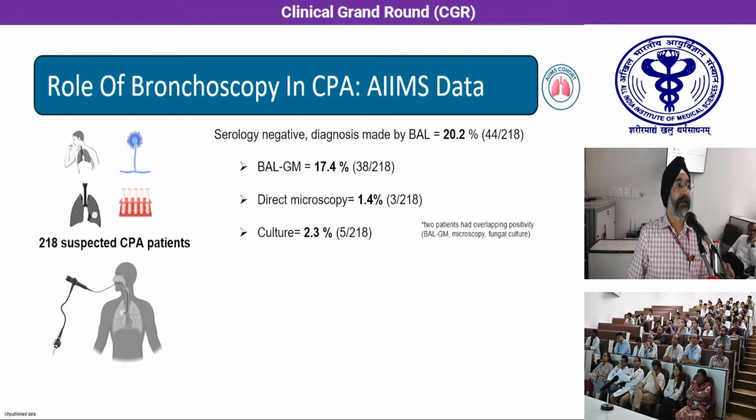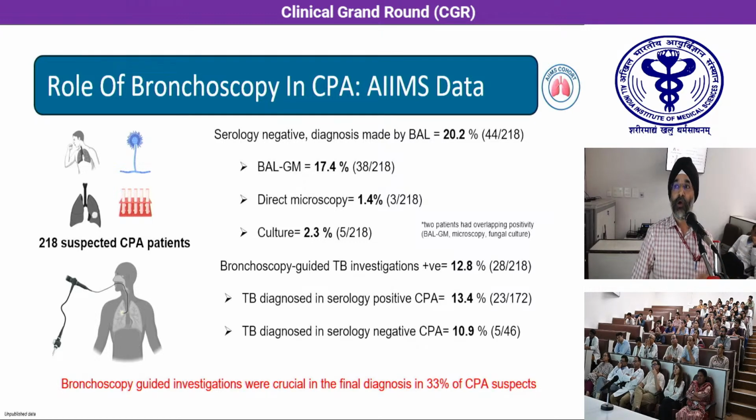This is our data, where in almost 20% of the seronegative patients we could make a diagnosis of CPA based on the bronchoscopy results, although direct microscopy and culture contributed minimally. Also, in patients who are CPA suspects, doing a bronchoscopy might be helpful in establishing an alternative diagnosis. In one of our cohorts, we could make an additional diagnosis of either TB or other diagnoses in almost 12%.